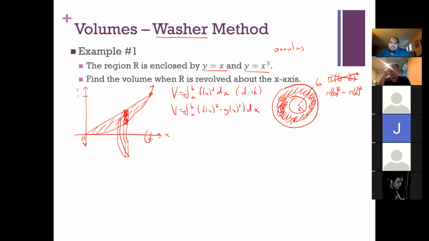That's kind of just the same thing. I'm glad that came up, because this is why I did these two examples over here. So remember this one right here? I tried to basically keep in mind that f and g are going to give you your inner and outer radii for each individual cylinder you make. Just like here for this annulus, 6 was the outer radius, 2 was the inner radius.